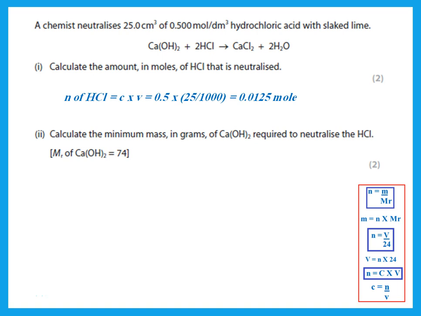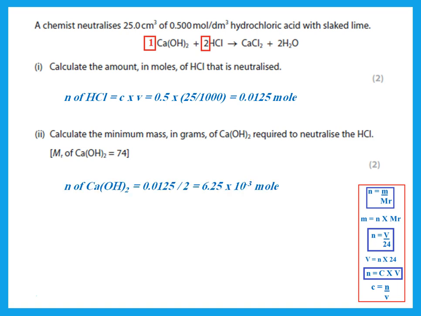So we got the number of moles of HCl. I look at the equation. What does it tell me? That the number of moles of calcium hydroxide is actually half of the HCl. So I get the number of moles of calcium hydroxide, and then I can get the mass. Mass is number of moles times Mr. Is that okay?